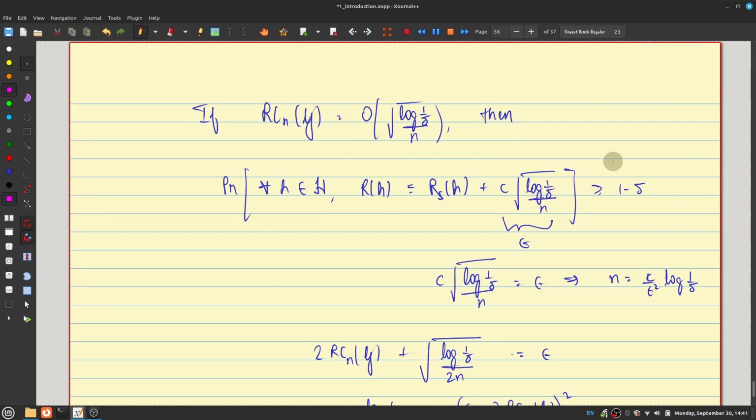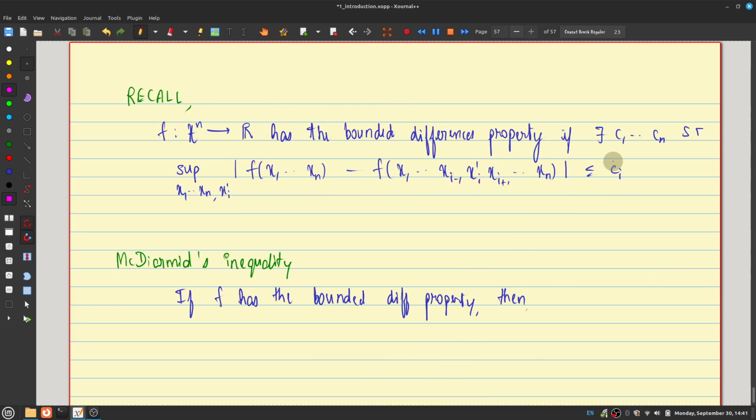Great. So the key ingredient for proving this will be the bounded differences property that we saw in the concentration inequalities course, and McDiarmid's inequality, which gives an exponential tail bound for functions with bounded differences. Let's quickly recall what that was.